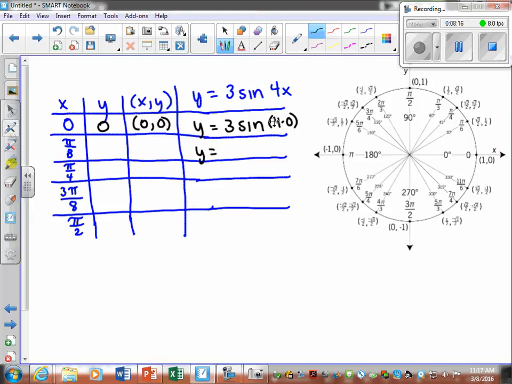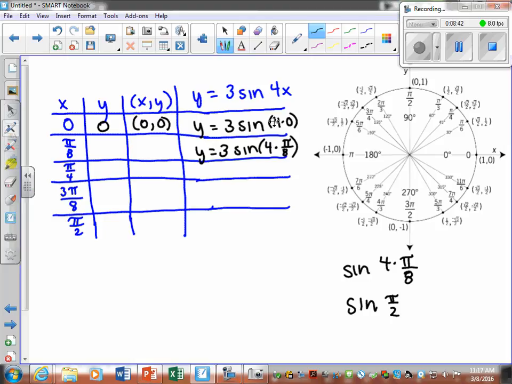Let's walk through the next one. 3 times the sine of 4 times pi eighths. Okay, 4 times pi eighths simplifies to what? Sine of 4 times pi over 8. If I simplify this first, that's just going to give me the sine of what? Pi over 2. Good. Sine of pi over 2.